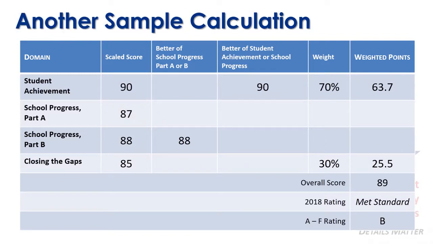This campus has higher scaled scores on all domains, but using the same better of approach and 70-30 breakdown, the overall score of 89 also nets a rating of Met Standard in 2018 and B in 2019 and beyond. A casual observer checking school ratings on the web in 2019 or later would see ratings of B for both of these campuses and might conclude that their performance is equivalent. Simple? Absolutely. Accurate? Well.